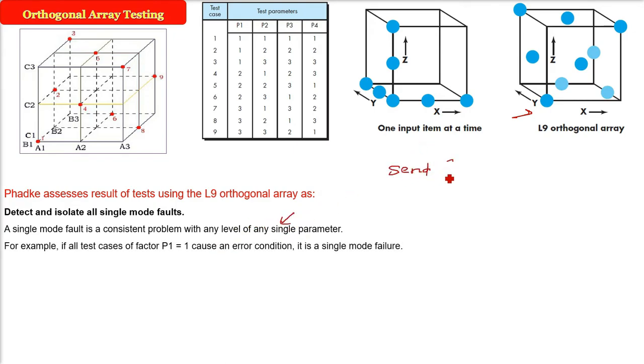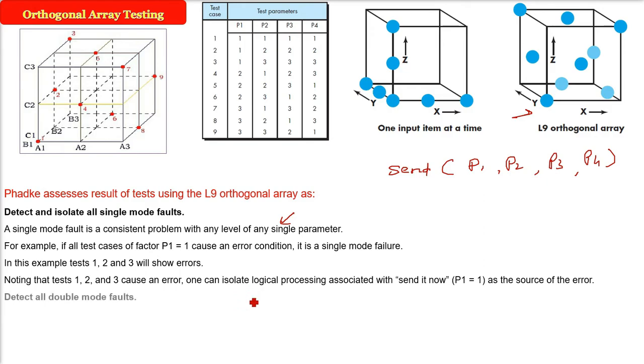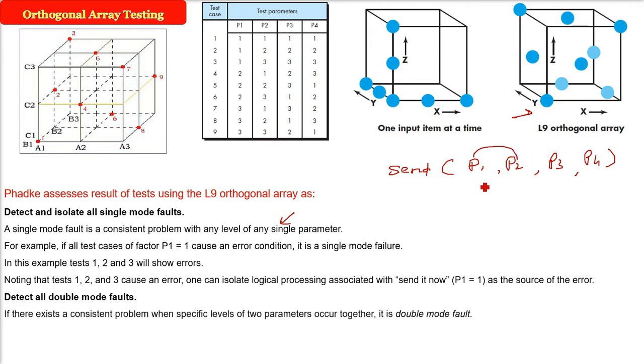If we have send P1, P2, P3, P4, a single mode fault is a consistent problem with any level of any single parameter. If P1 equals 1 causes an error condition, it is a single mode failure. Then we also have to choose P1 and P2 together, which is called double mode faults.